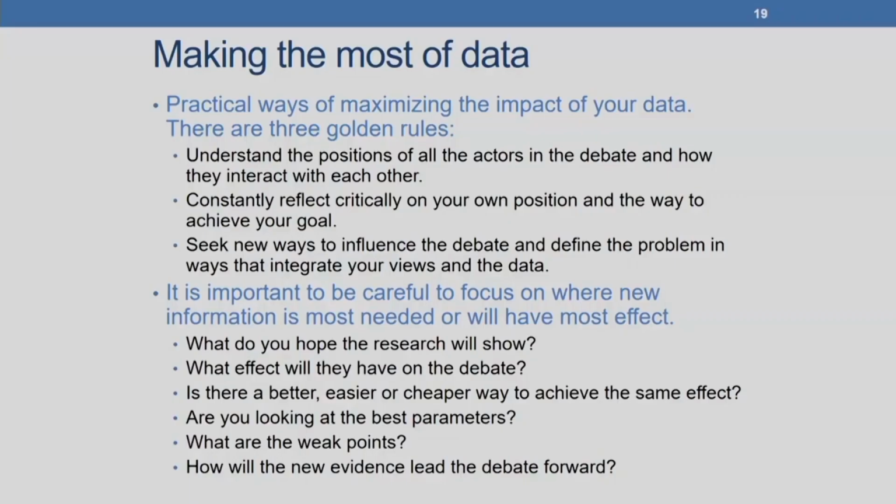Now, the thing to be kept in mind is how to make the most of data. So, there are practical ways of maximizing the impact of our data, and there are 3 golden rules for this. One is to understand the positions of all the actors in the debate and how they interact with each other. I was taking the example of famines, how famines were defined before Sen, and Sen's analysis on poverty and famines and entitlement analysis came on the scene, and what were the debates that arose after.